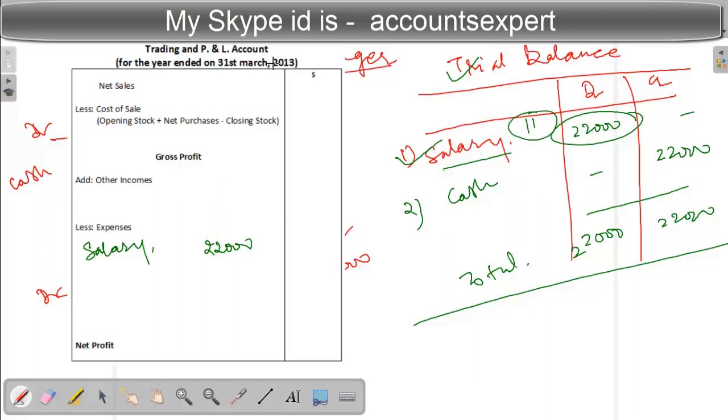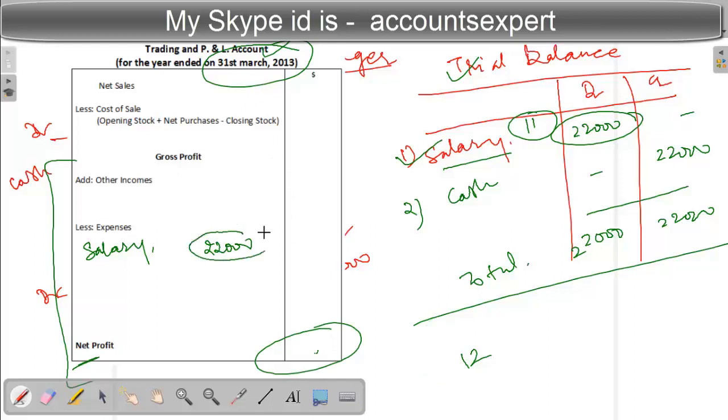Now see, we are expecting from the P&L the result of 12 months. This is the profit and loss account. So we are expecting the P&L to give the result of 12 months. Now how will the P&L give the result of 12 months when we are feeding only the amount of 11 months? Understood or not?